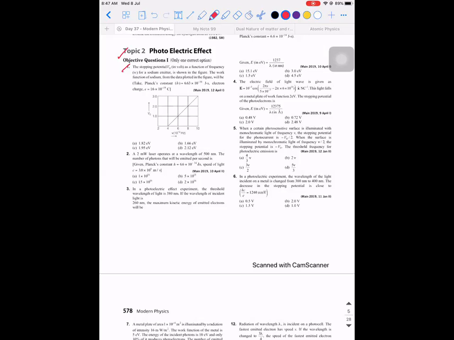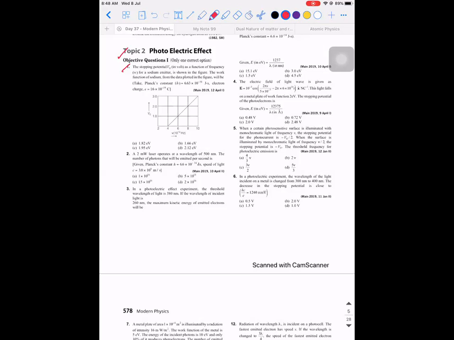So what is the equation of that straight line? Tell me the general equation in terms of h, e and nu naught. Sir, V naught equal to h by e into nu minus phi by e.